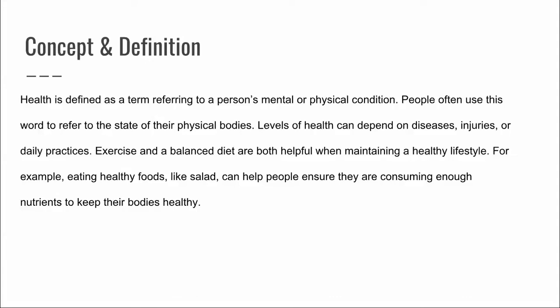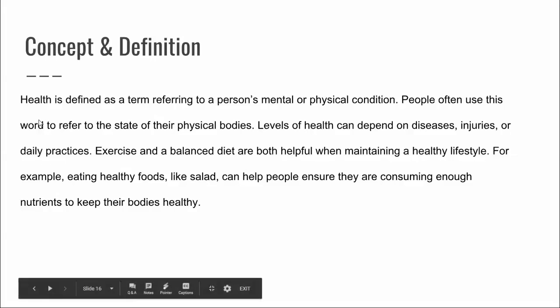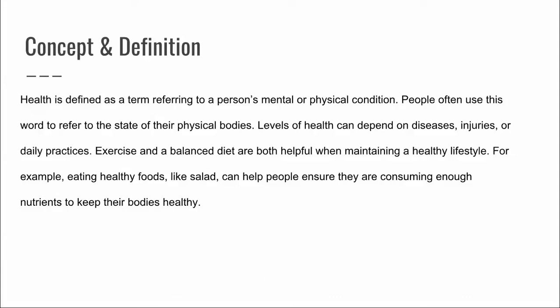For example, eating healthy foods like salad can help people ensure they are consuming enough nutrients to keep their bodies healthy. You can see the topic of this is health, and health is something you can see in the world, but you can't actually touch it. It's not something you can hold on to like a pencil. So the first sentence gives you that definition, and the rest of it are supporting details.